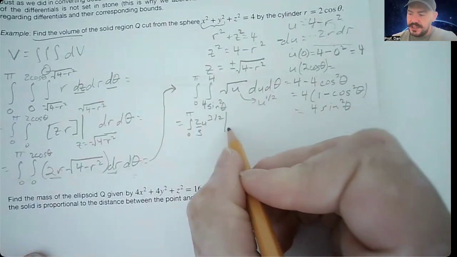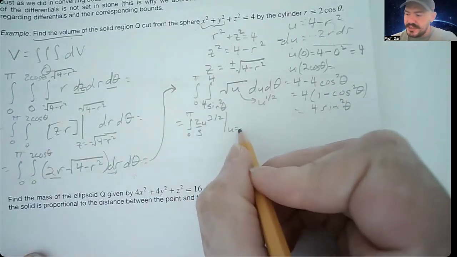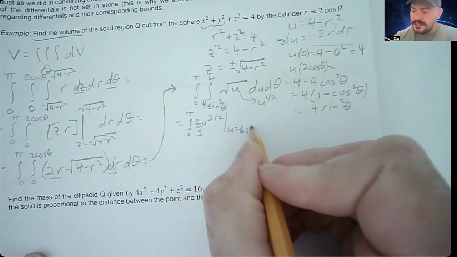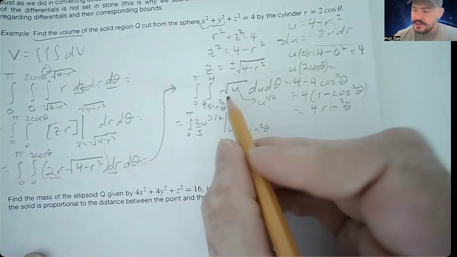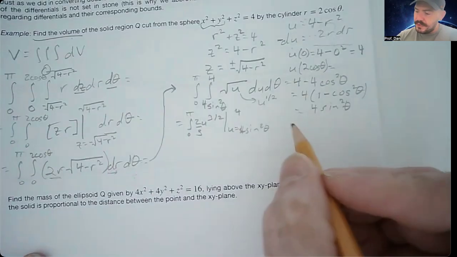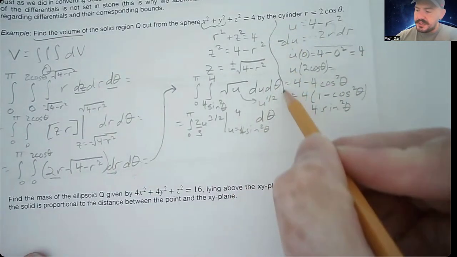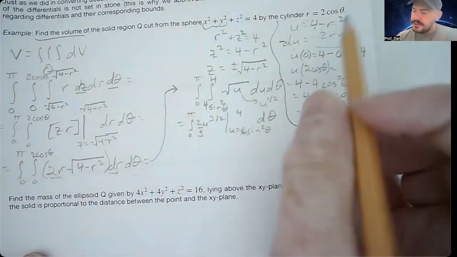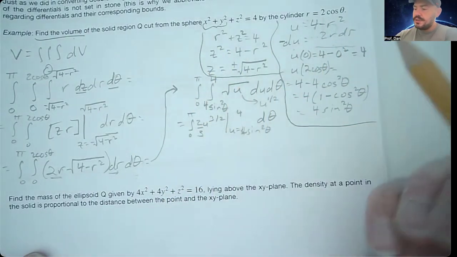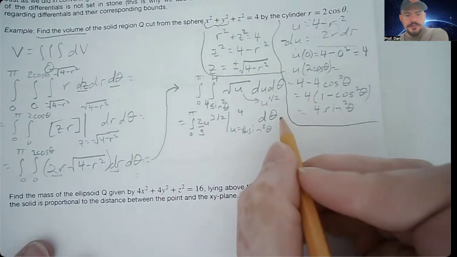And we're going to evaluate this from u equals 4 sine squared theta to 4. And then integrate with respect to theta. I'll go ahead and box all this part off so that we can focus on the integral. Okay.